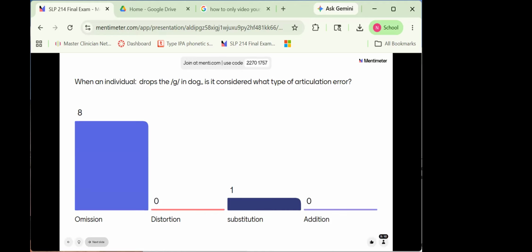Omission. Yep. So we're omitting the sound. We're not including it in the production.